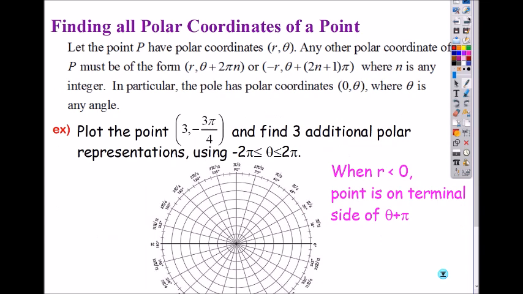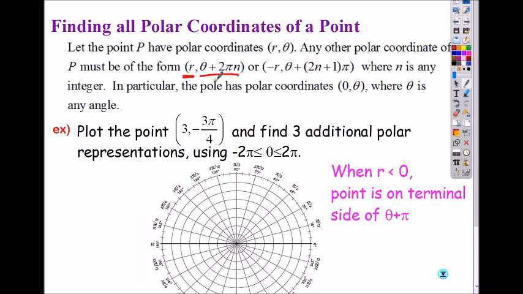So here are some rules for how you can write the same polar coordinate in 4 different ways. One is just like what we did. You keep the radius positive. If you have a negative angle, you add 2 pi, 360, to make it a positive angle. If you have a positive angle, then you subtract 2 pi, which is 360, to get the negative angle.